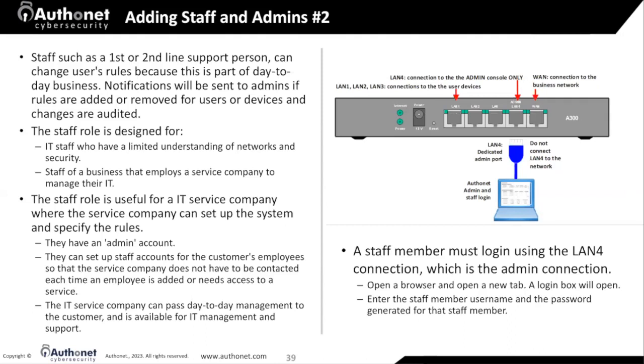And remember that LAN4 must be used for login for admin or staff. LAN4 must not be connected to the local area network. This is a port exclusively for the administrator. If this is connected to the local area network, then that is a serious security risk.